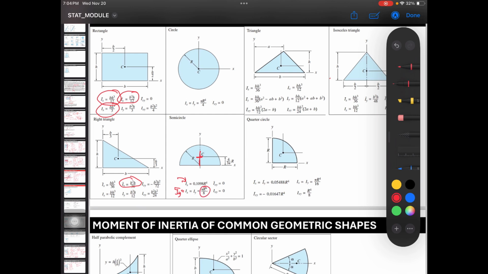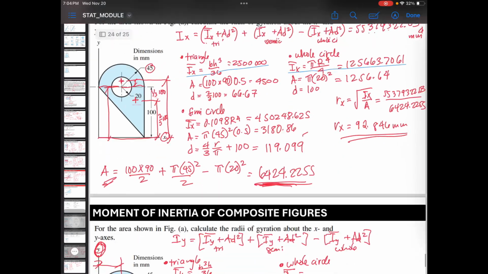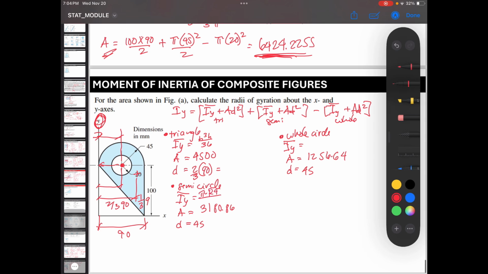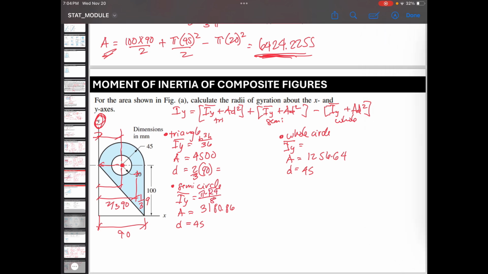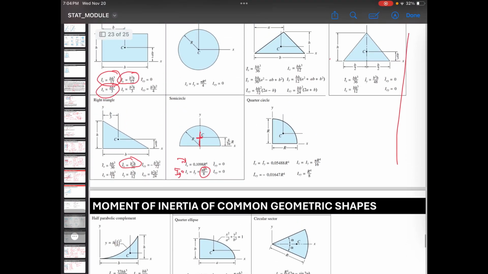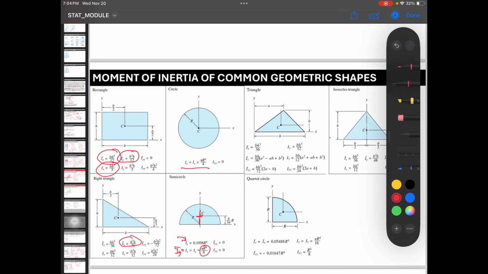Ito. So, pi r to the 4th over 8. And then, whole circle, symmetrical siya, so equal lang yan.